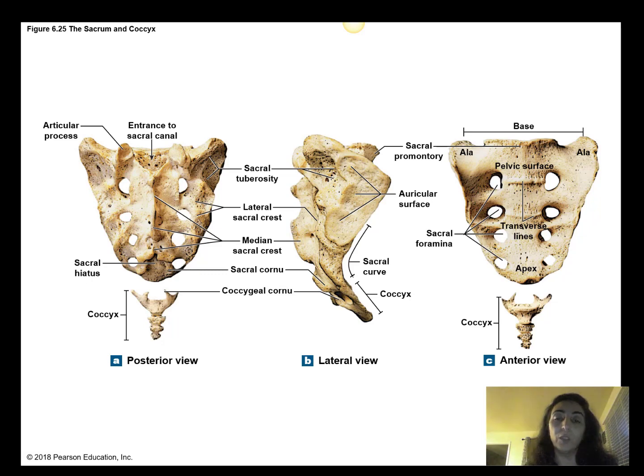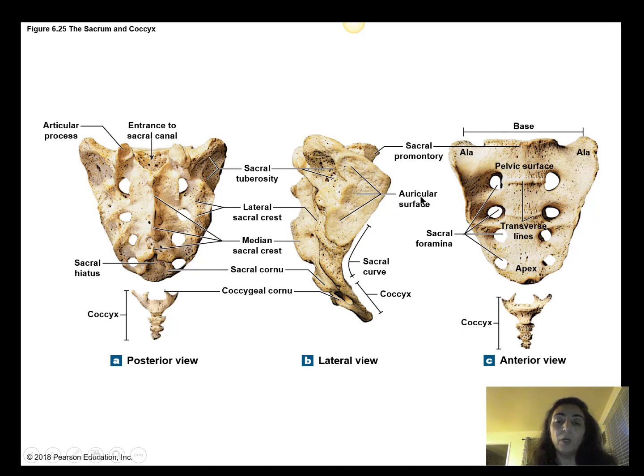Therefore, we call it sacral promontory. So that is this area of the sacrum here. Not on the top, just here, right? Then when you look at the side, this is the anterior, this is posterior, right? Toward the anterior side, you see this shape that is like an ear.